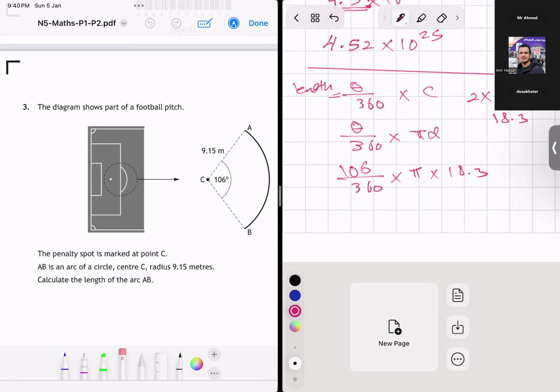Oh, I found it. So pi, 18.3. So 57.50. And then you do 106 divided by 360 times 57.50.